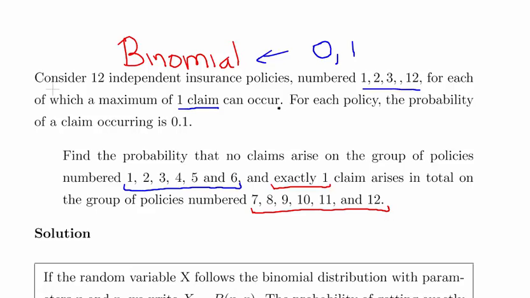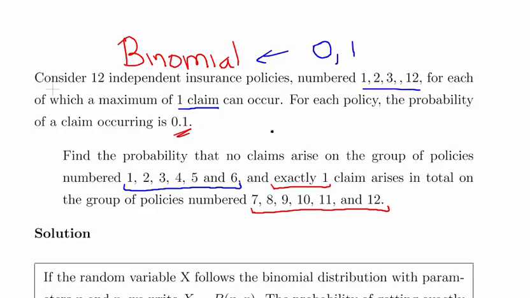Okay, so essentially what we have here is a set of 6 policies, 1 to 6 and 7 to 12, and we want to find out the probability of exactly 1 claim or 0 claims, and we have a sample size here, a number of n independent trials. Here n is equal to 6 in both cases, and a probability of success.